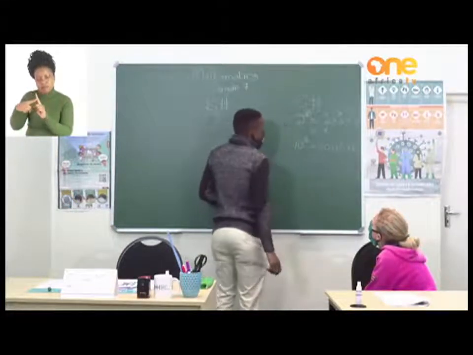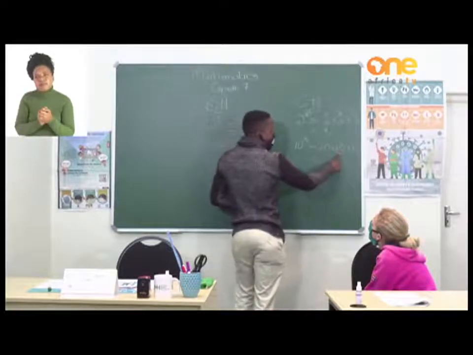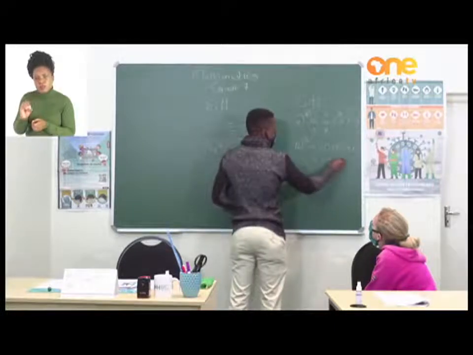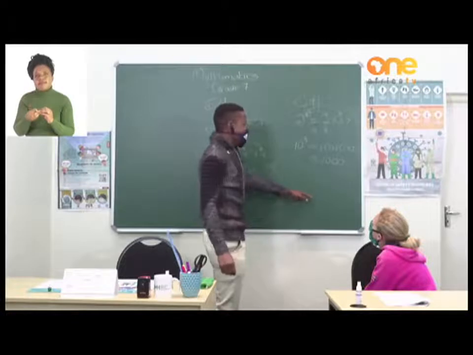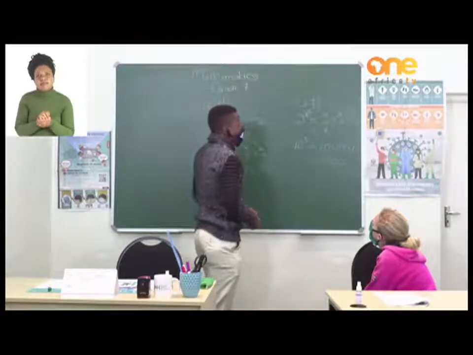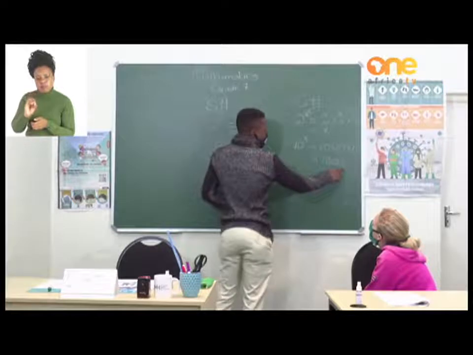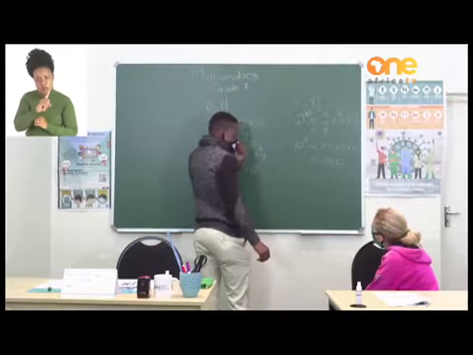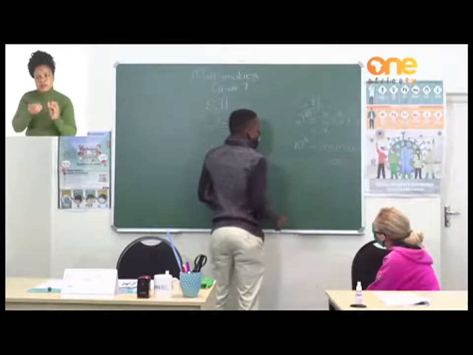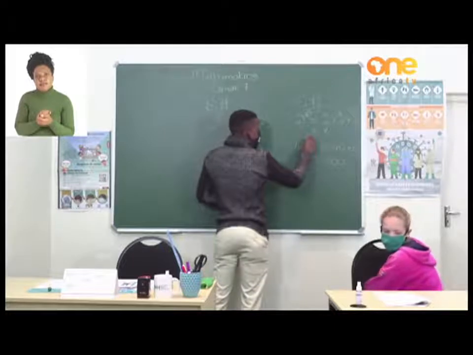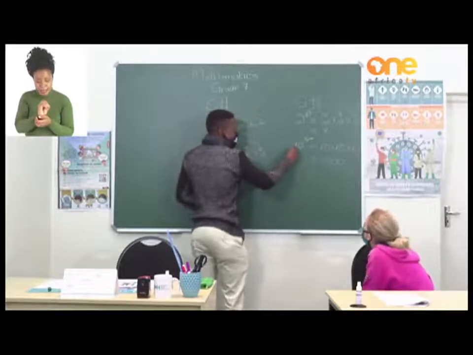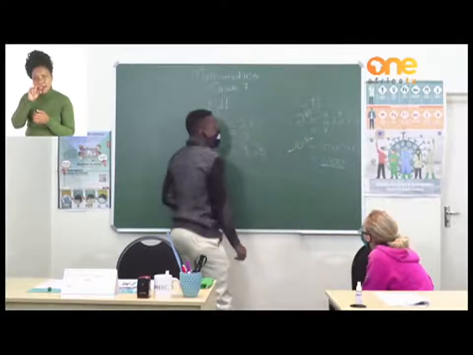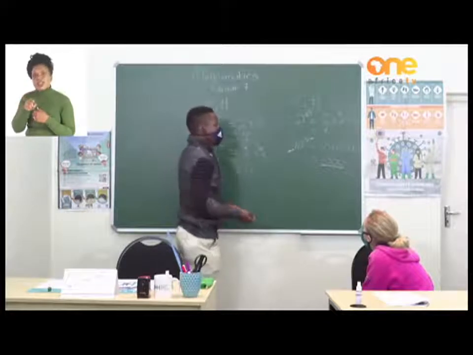And then we say 10 times 10 gives you 100. 100 times 10 gives you 1,000. So we say 1,000 is a cube number coming from 10 cube, 10 times 10 times 10. This is an exponent, this is a base, and this is a cube number, or we can say the product.